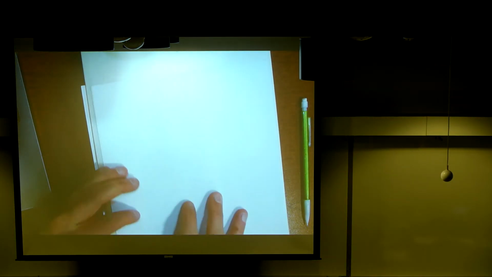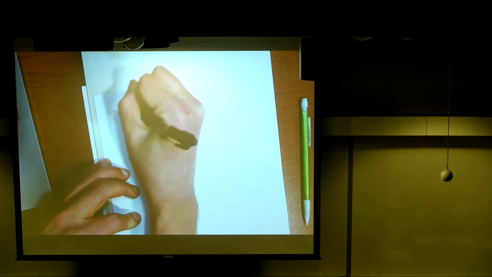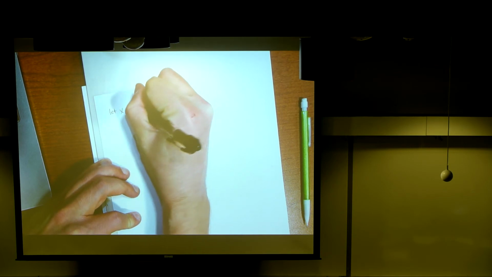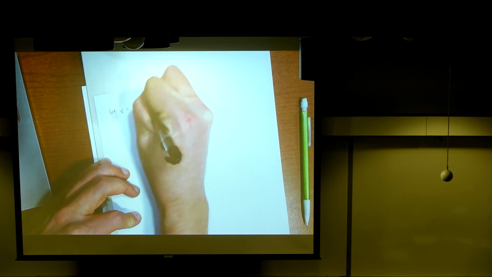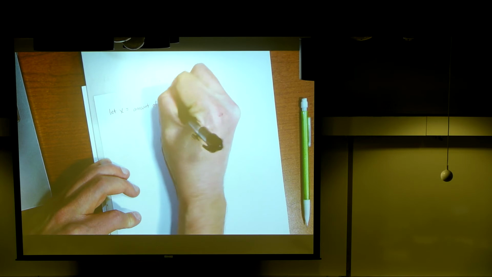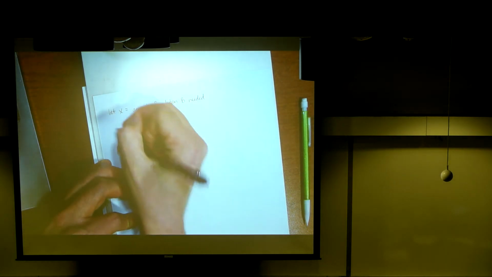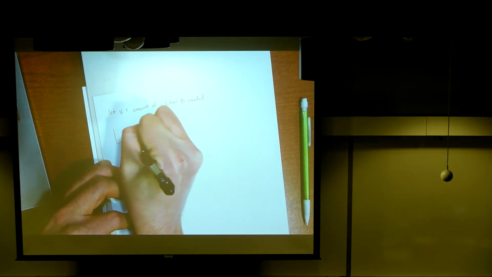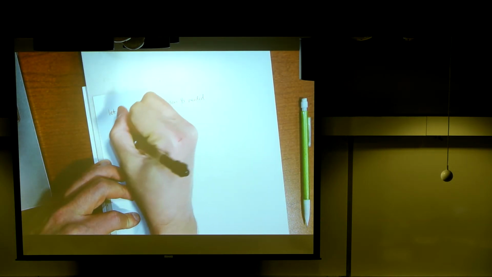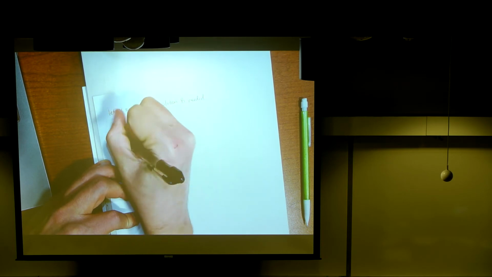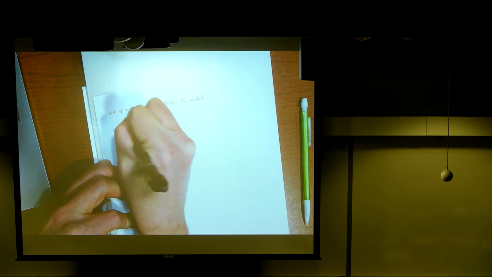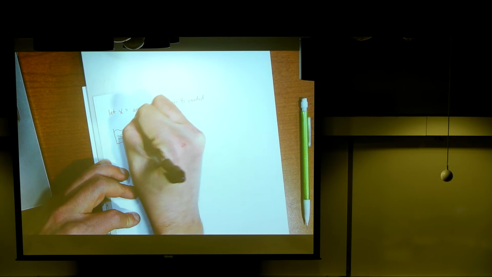So we're going to let X equal the amount of solution B that I need. Okay? So what we're doing is we're taking solution A, which is 25% alcohol by volume.